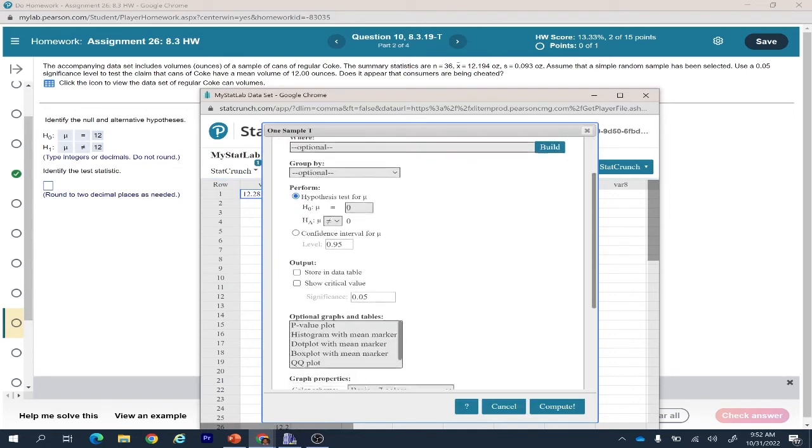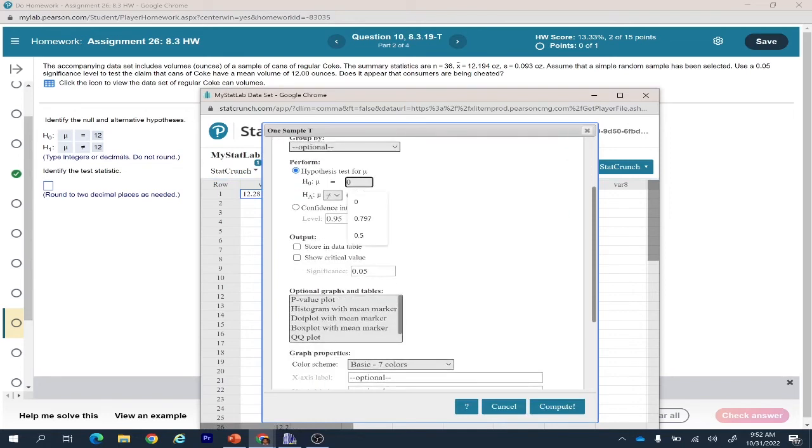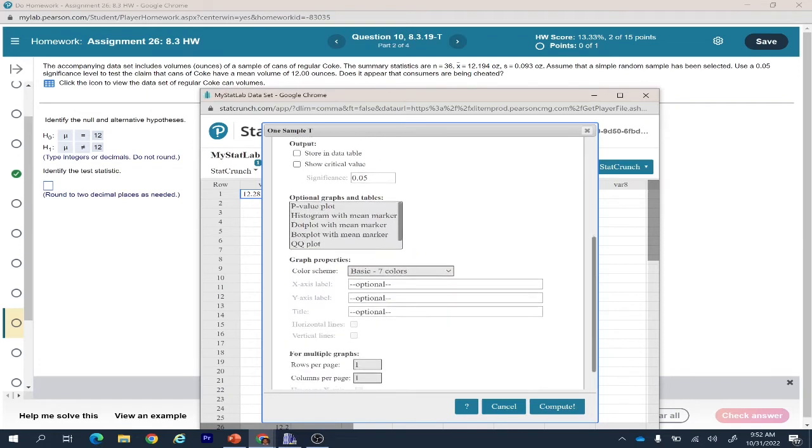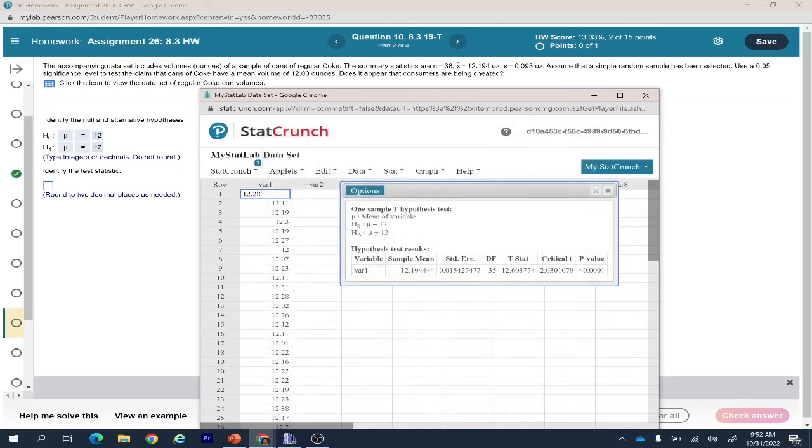Our null hypothesis is that the mean is equal to 12, and the alternative is not equal to 12, and the significance level given here is 0.05. Now if you compute, it gives you the sample mean, standard error, degrees of freedom, and t-stat. You see here, the t-stat, that's the test statistic, which is 12.60.